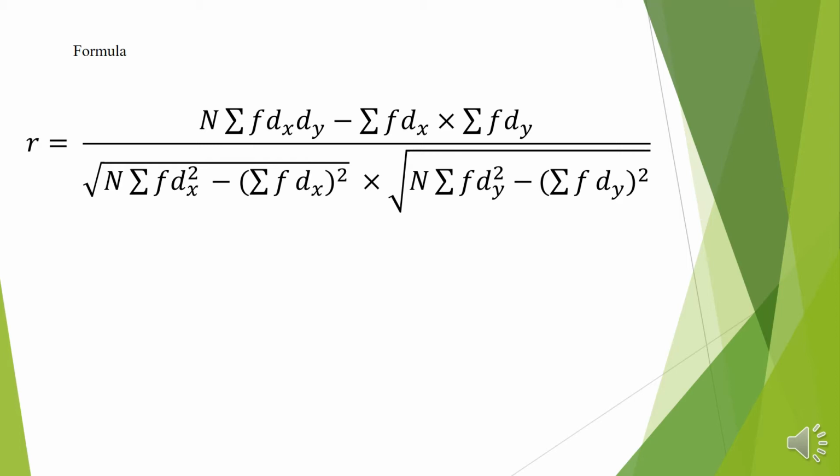Okay, so now we need dx, dy, f dx, f dy, and we need to calculate summation of f dx, summation of f dy, summation f dx square and summation f dy square, and at the end summation f dx dy. For that we have to calculate f dx into f dy. Okay, now let us start doing the solution.